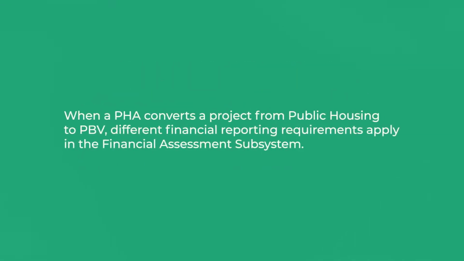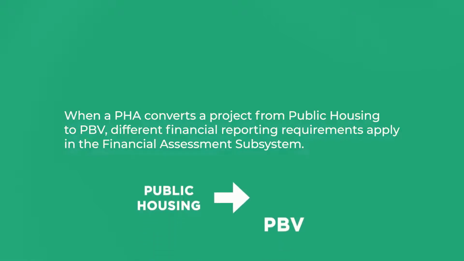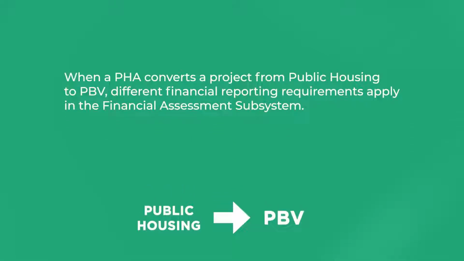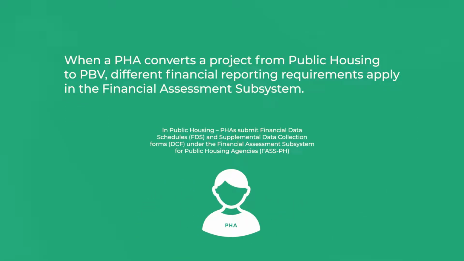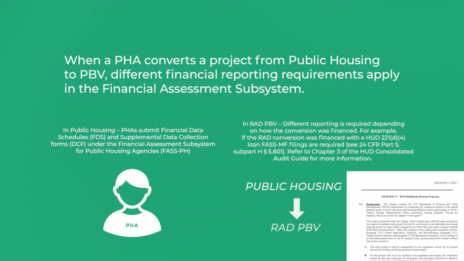When a PHA converts a project from public housing to PBV, different financial reporting requirements apply in the financial assessment subsystem. In public housing, PHAs submit financial data schedules and supplemental data collection forms under the financial assessment subsystem for public housing agencies. In the RAD PBV, different reporting is required depending on how the conversion was financed.